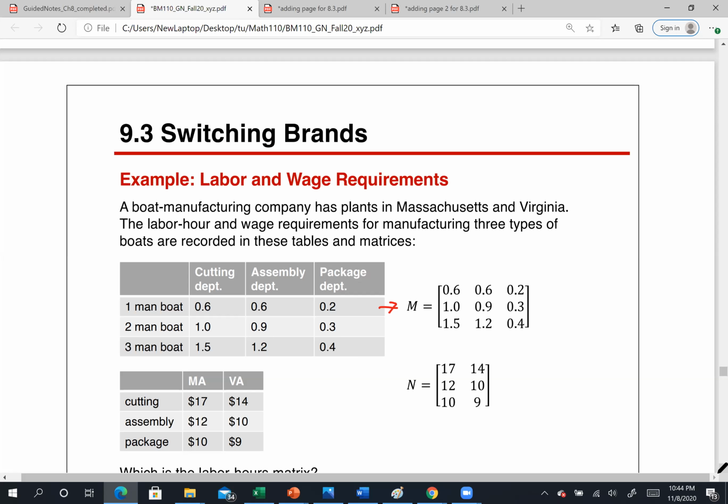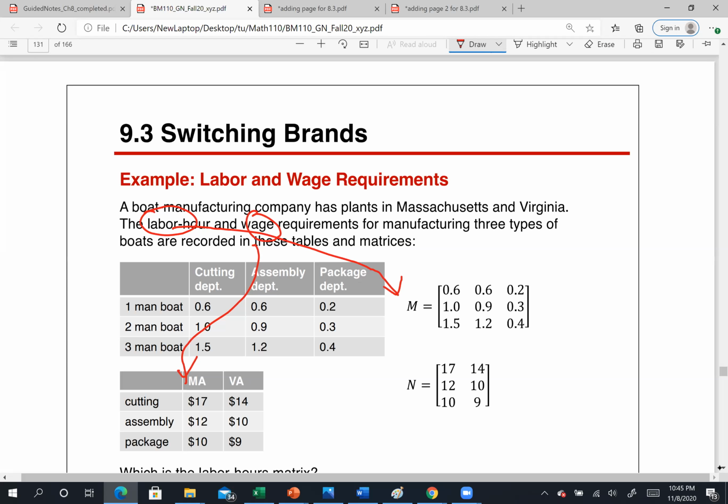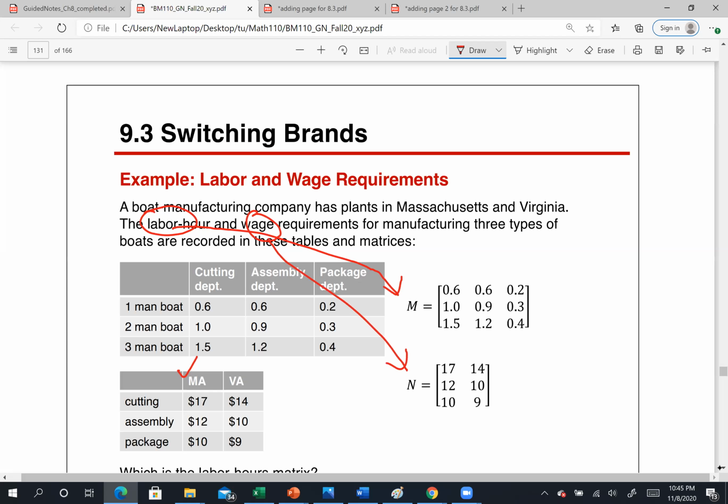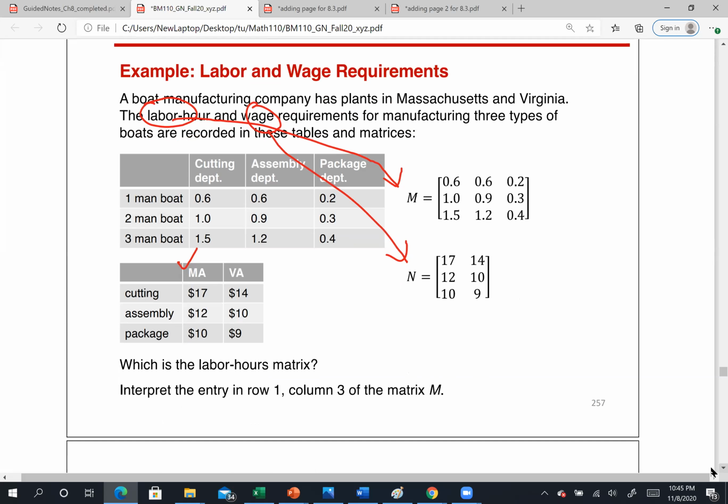Oh, okay, so it's actually this one should be labor hours matrix, and the second one should be the wage requirement, which is here. So let's move down to see what is labor hour matrix. So labor hour matrix is M, okay, because this talk about the hours and this talk about the wage.